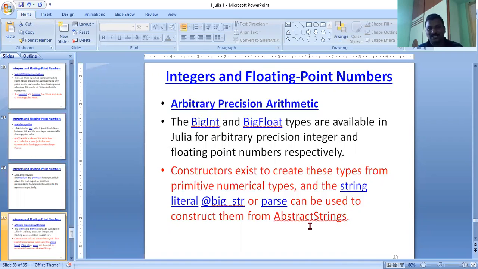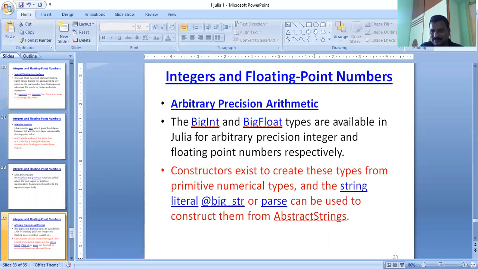And then another important topic is arbitrary precision arithmetic, BigInt and BigFloat. Here you have two types, big integer and big floating point numbers. What is the necessity of these numbers?